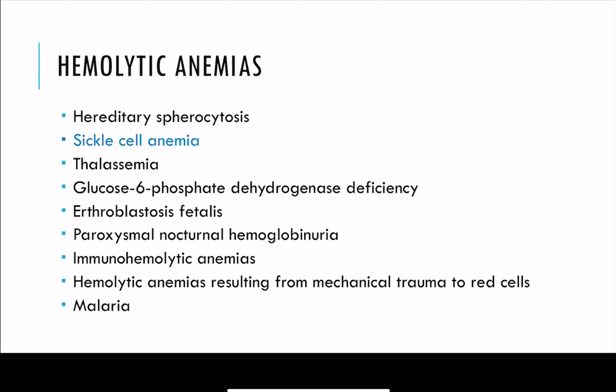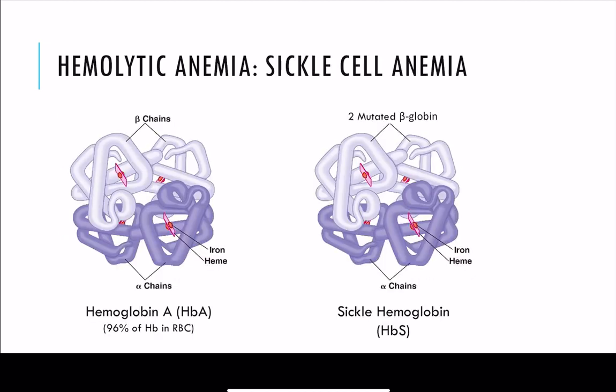Sickle cell anemia falls into the category of hemolytic anemia. It is a genetic condition that's present at birth, and it really exists in a mutation of their hemoglobin. Most of the hemoglobin in our red blood cells is called hemoglobin A, and it has 2 beta chains and 2 alpha chains.